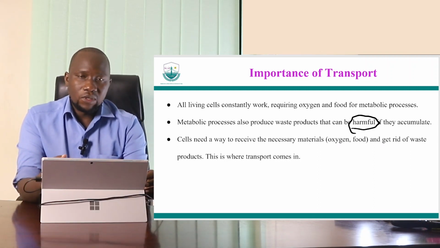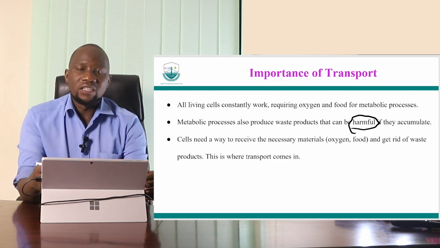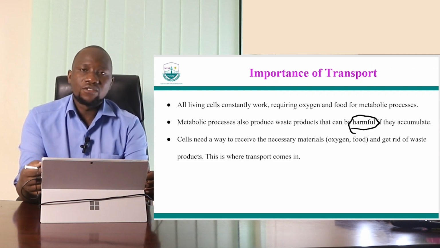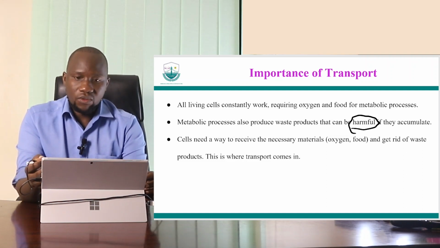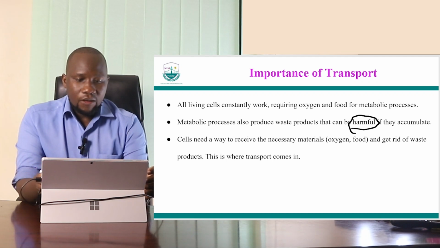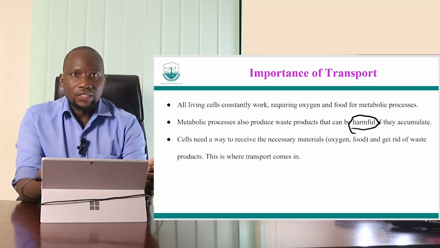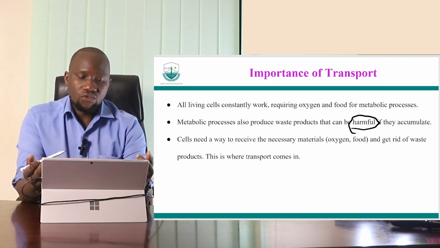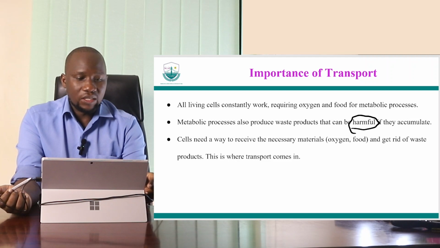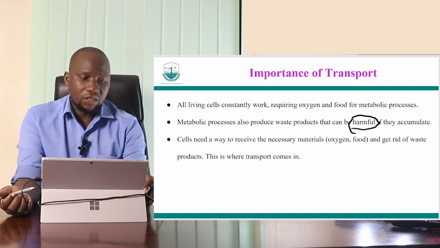So there should be mechanisms to transfer or transport these products out of the organism's body. And so that is where it becomes very key: transportation of nutrients, transportation of oxygen, and transportation of waste products. That's where transport becomes very important.